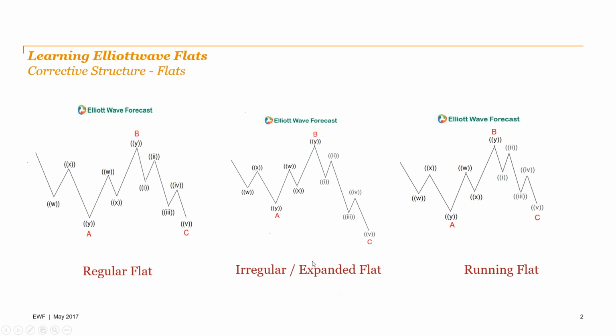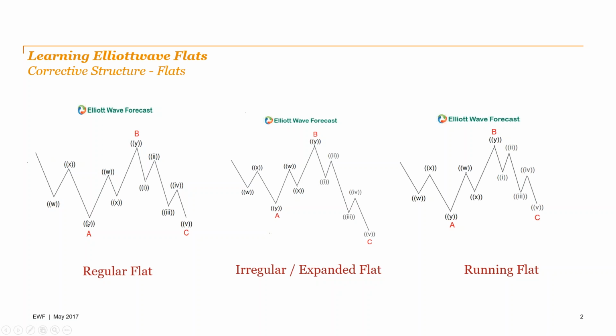Don't be confused with this, guys, but all of them are choppy moves, all of them are sideways moves, right? You can see this is a regular flat where the B is going to retest the starting point of the A, and then the C also is retesting the A. Okay, so you got a regular flat like this.